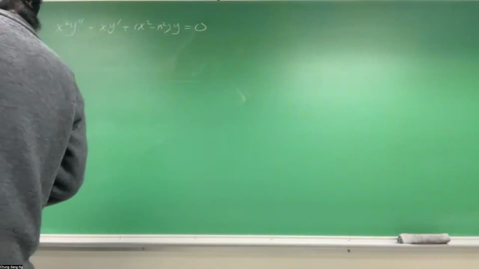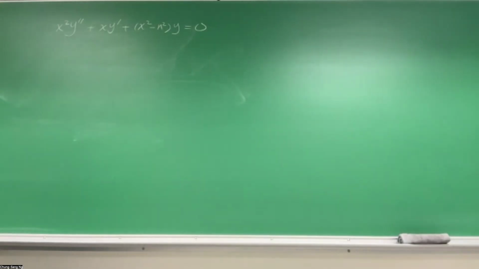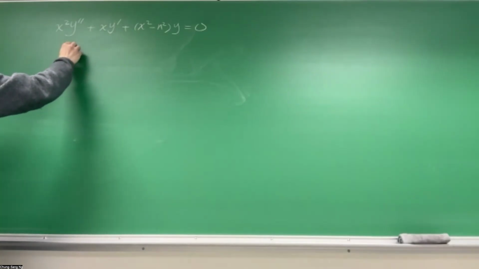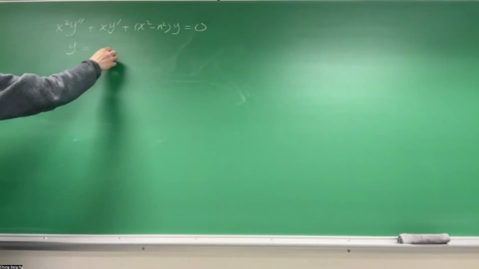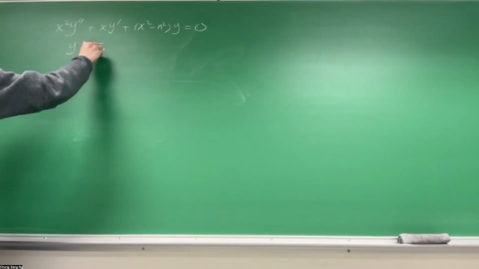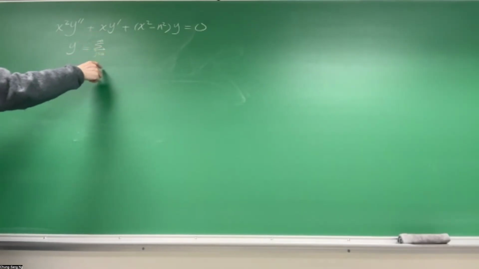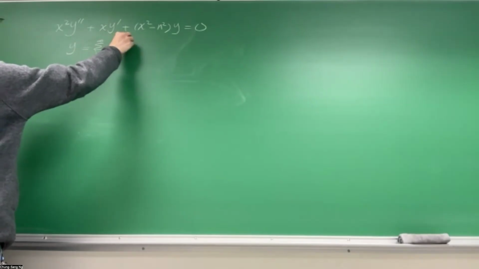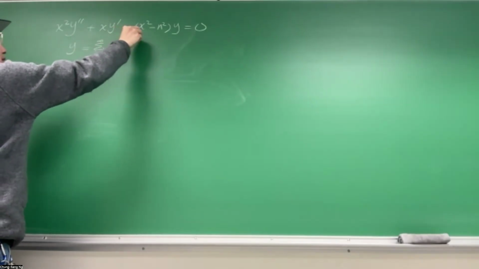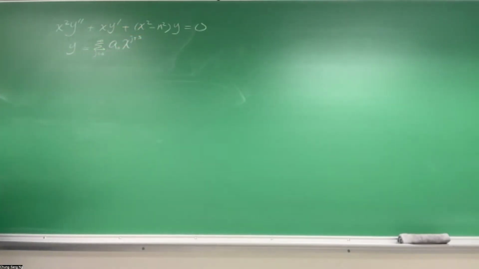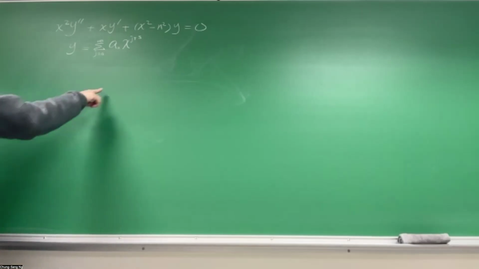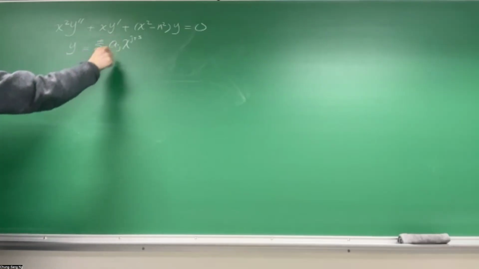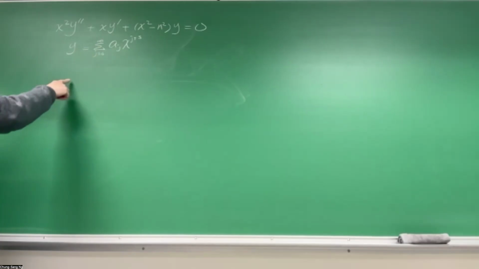Okay, so we'll do exactly the same as what we did before. Just assume that the solution y is of the standard form, the sum over j from 0 to infinity of a sub j x to the j plus s. Again, starting from 0 is still a general situation because we add an arbitrary index s to the power, so that you have the freedom to set the initial term as a sub 0.